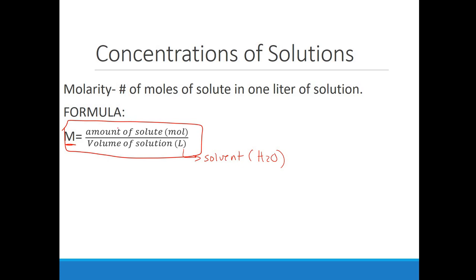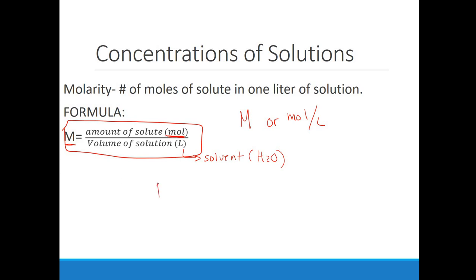The one thing you need to be careful of is that the numerator is your moles of solute, and it has to be in terms of moles, while your denominator has to be in terms of liters. So when we calculate it, you'll have two options of units. You can either have M for your unit, or your unit would be moles per liter. Either of those is acceptable because they represent what you are doing.